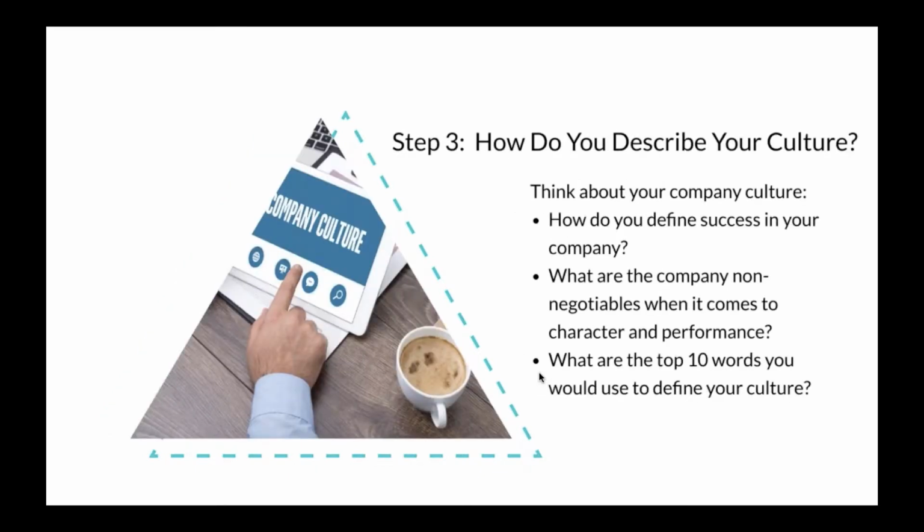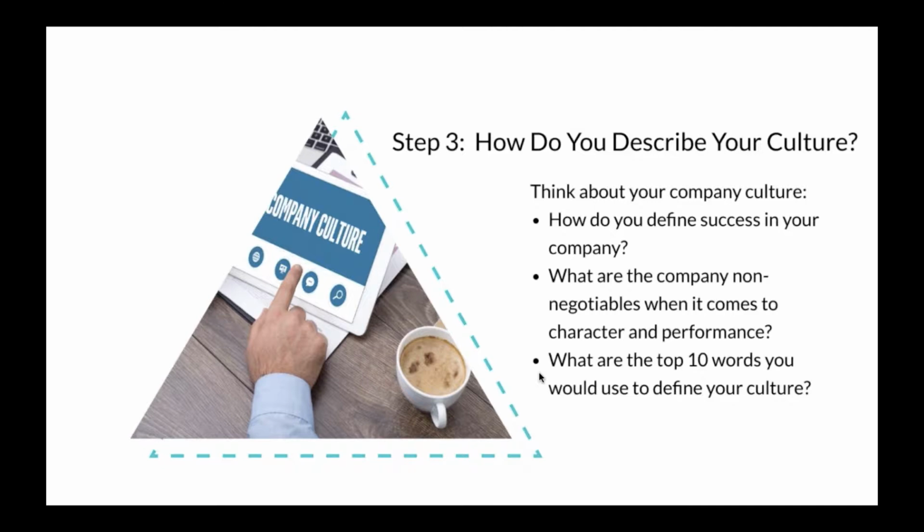Okay, so step 3. How do you describe your culture? This is really important, and we'll talk a little more about the benefit of culture when you're recruiting, but think about your company culture. What does success look like in your company?